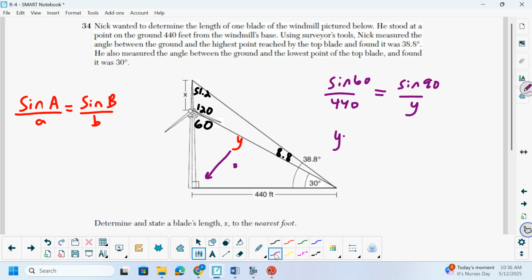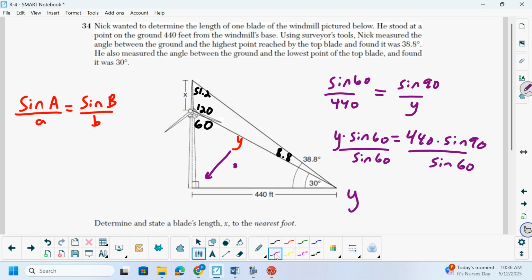So we have y times sine of 60 equals 440 times sine of 90. And to get the y by itself, we'll divide by sine of 60. So we're going to have 440 times sine of 90 all over sine of 60.